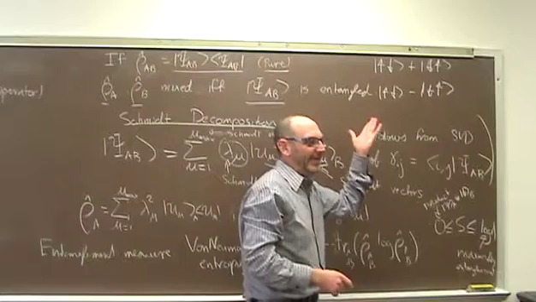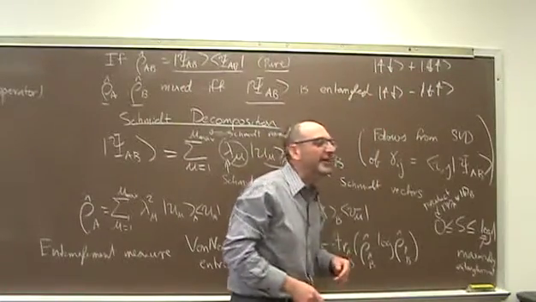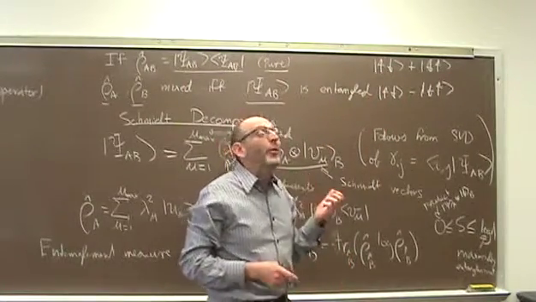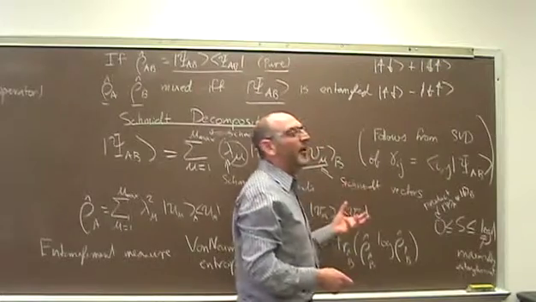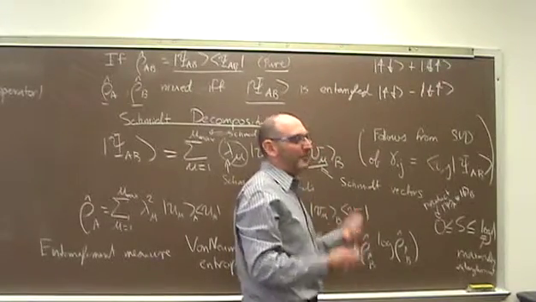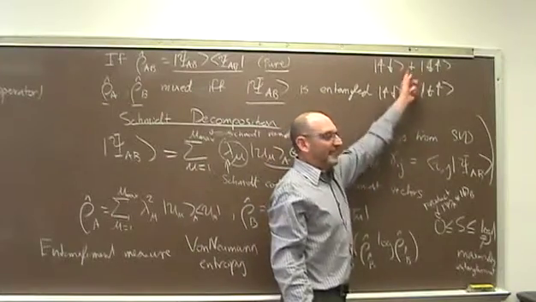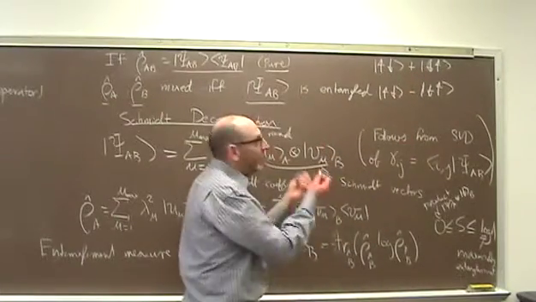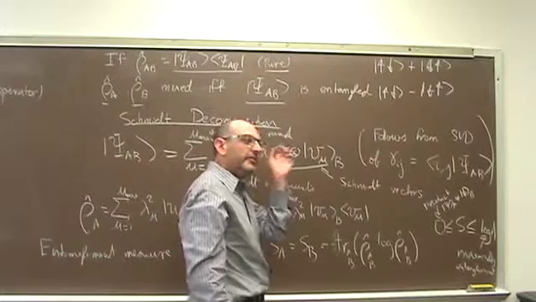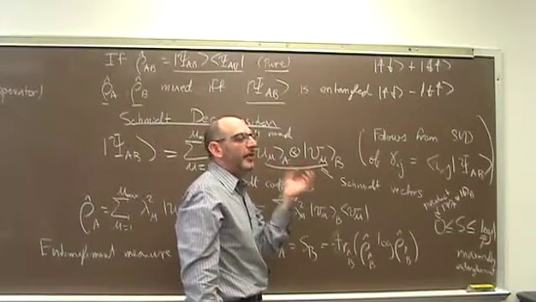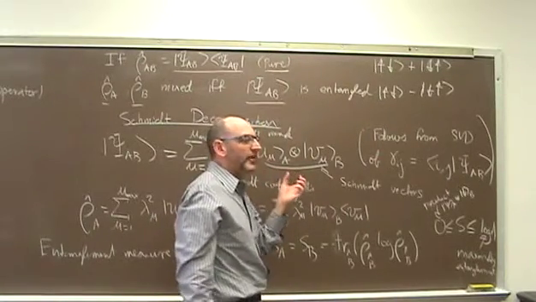They're orthogonal states. They're maximally different from one another. And that's sort of the point. You can't know the whole from the parts when the system is entangled. And you can't get that phase by looking at the individual subsystems.